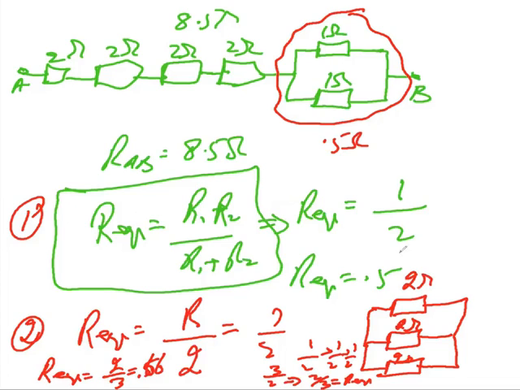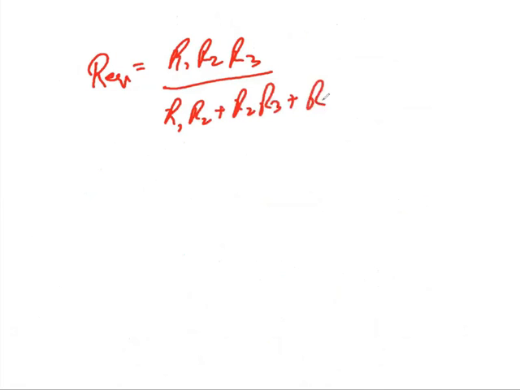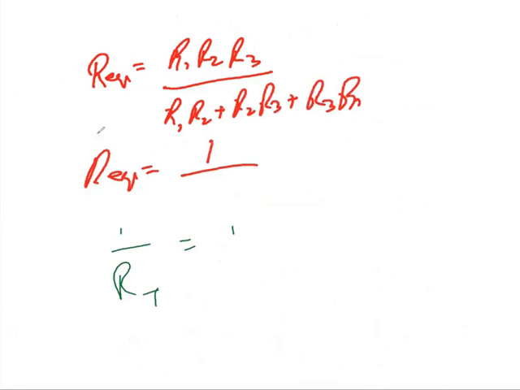If you have 3 resistances, then your R equivalent should be equal to R1 R2 R3 divided by R1 R2 plus R2 R3 plus R3 R1. This type of equation will be easy for you instead of the other one, which will waste lots of your time.